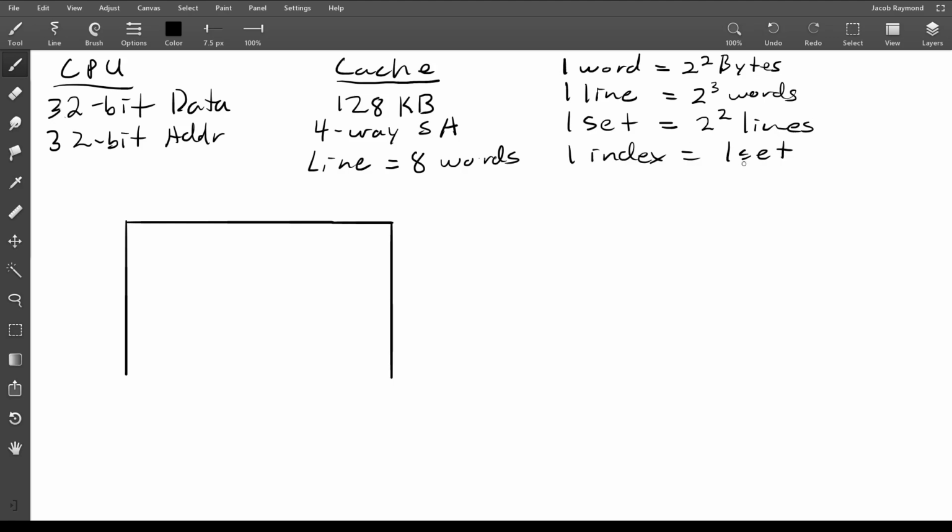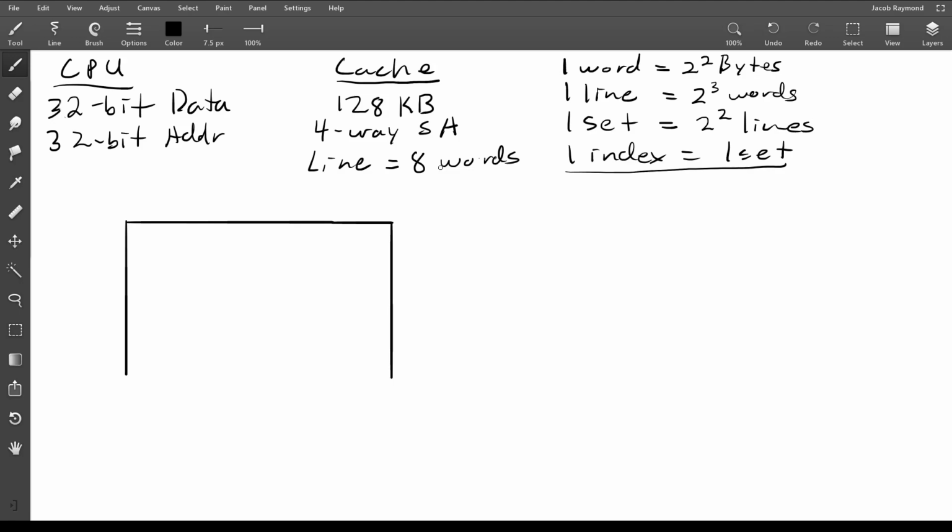Now, this is always true, right? No matter whether you're dealing with direct mapped, set associative, or fully associative, each index is going to precisely have one set, whatever size that set is. If you have a direct mapping, then that set is going to be a single line, but it's still a set. It's still just one-way set associative.